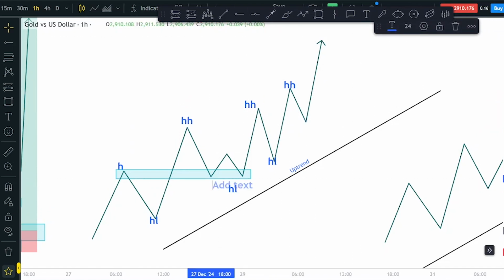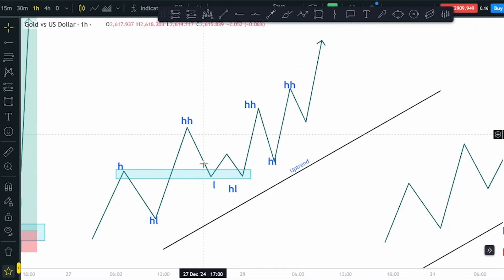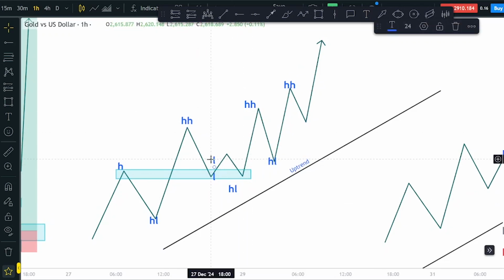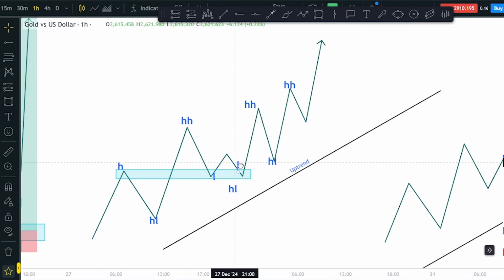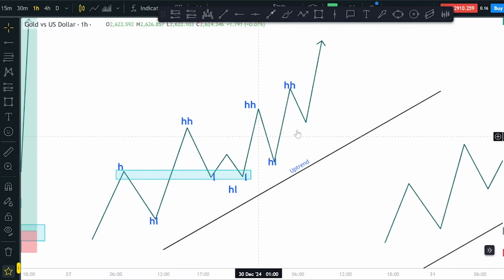This is a low and we have two lows. Okay, this is another low, an equal low, where we can get an opportunity of buying from that area, which is forming a double bottom in the trend continuation.